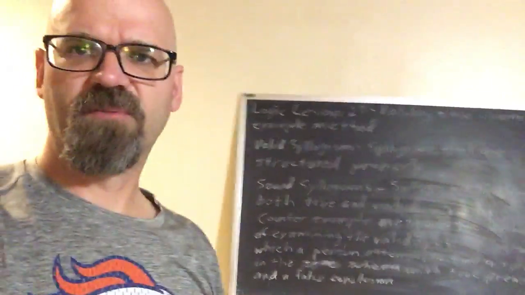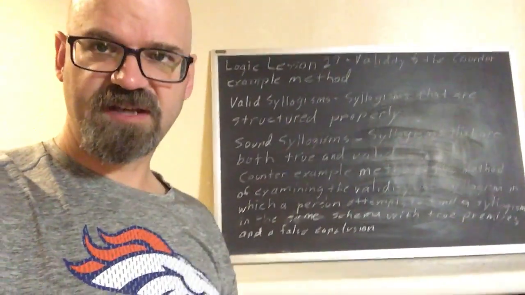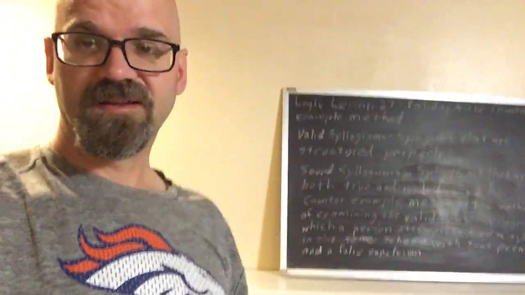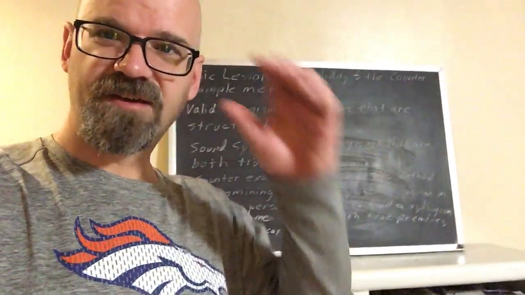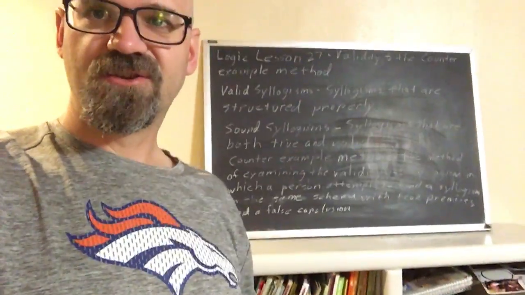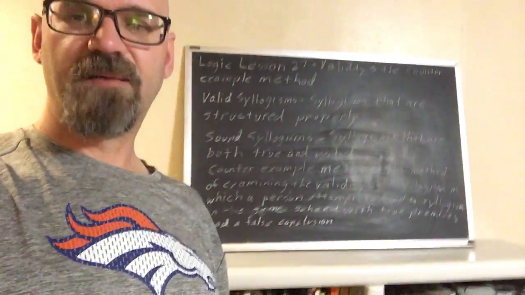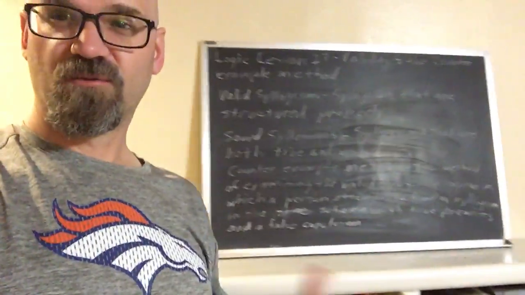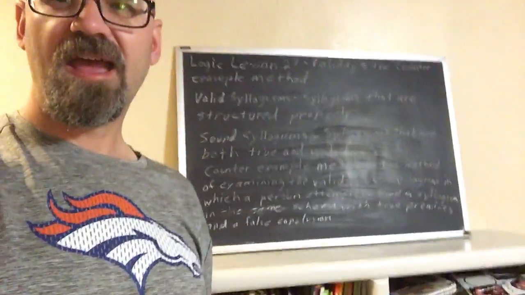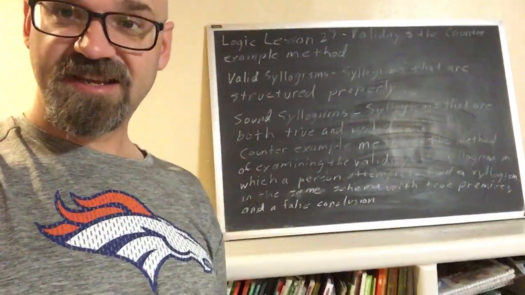So basically, if you have a syllogism that doesn't quite sound right, it seems true, but there's something about it that's not quite right, what you can do is replace it with different terms, different words, and make two true premises and see if it results in a true conclusion.